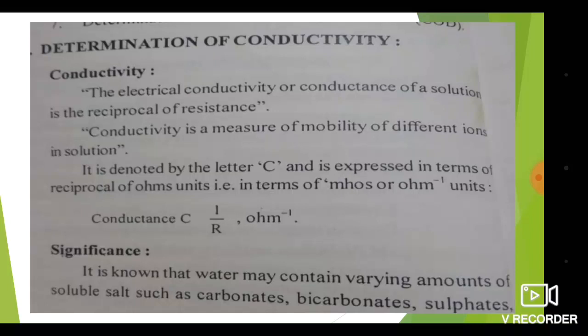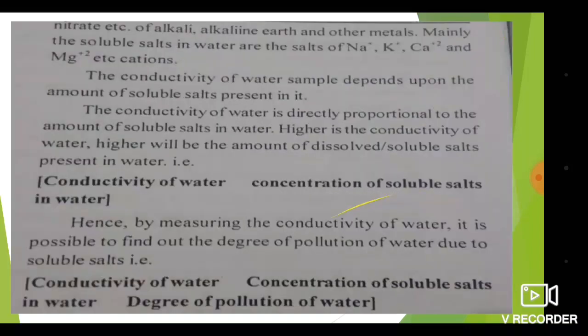So what is the significance? It is known that water may contain varying amounts of soluble salts such as carbonates, bicarbonates, sulfates and nitrates, salts of the alkali, alkaline earth metals and other metals.